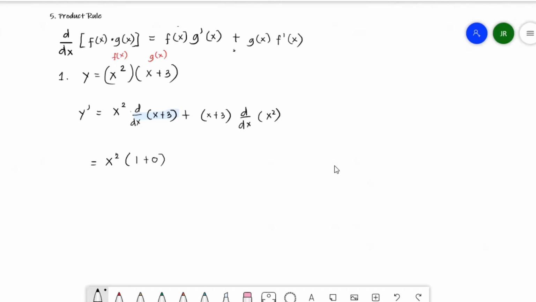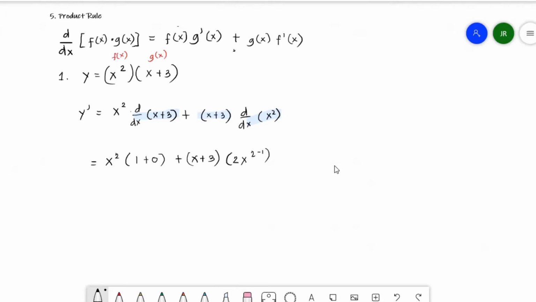Okay, and the next, plus, copy x plus 3. Then multiply by the derivative of x squared. Okay, so we can apply the power rule here. Babaan ang exponent na 2, copy the variable x, at itong 2, bawasan natin ng isa.